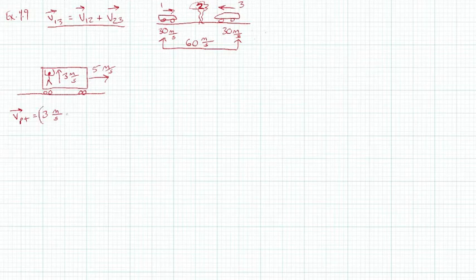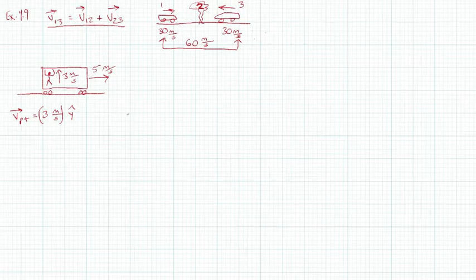And let's put it in unit vector notation as well. 3 meters per second in what direction? Well, that's easy because it's just in the vertical direction. So we might say 3 meters per second y hat. They're moving vertically with respect to the train at 3 meters per second y hat.